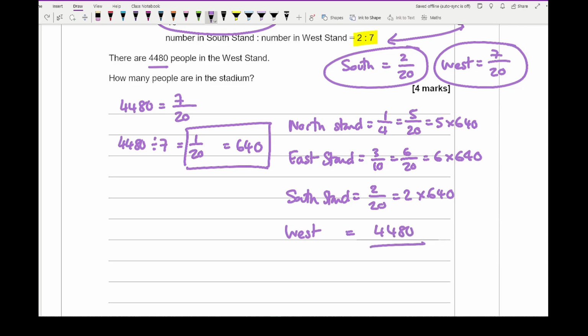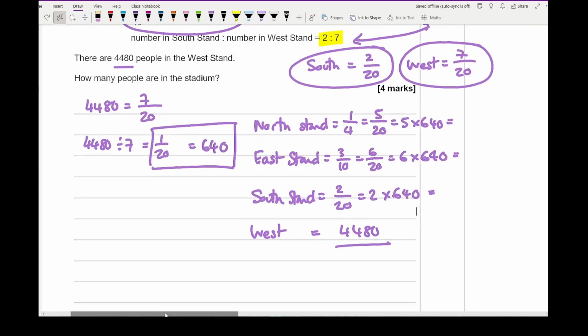So all I then need to do is work out these three amounts, and let me just move the screen slightly so we've got a bit more space. On the calculator, 5 times 640 gives an answer of 3,200. 6 times 640 gives me 3,840, and 2 times 640 gives me 1,280.